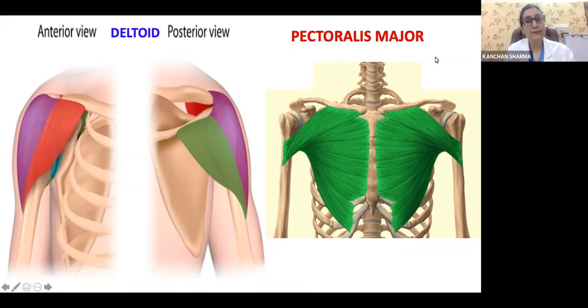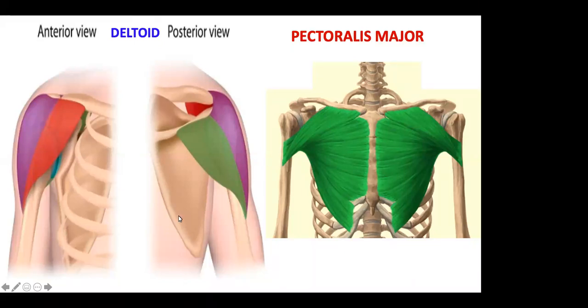Then you should know this muscle, pectoralis major, because this is one of the adductors of your shoulder joint. Okay. So this muscle arises from the clavicular portion of your clavicle and the ribs, and it attaches itself on the intertubercular sulcus, as you can see here. Okay. So the lateral lip of that.